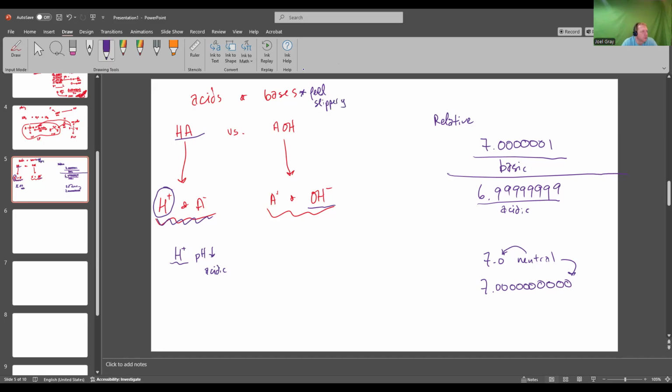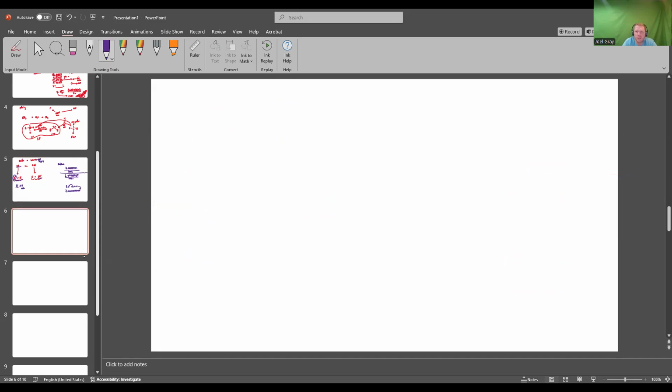Another thing when it comes to pH is how to calculate it. The pH scale is a log scale. Whenever you're asked about a pH scale, in these brackets, it's all about the hydrogen ions.